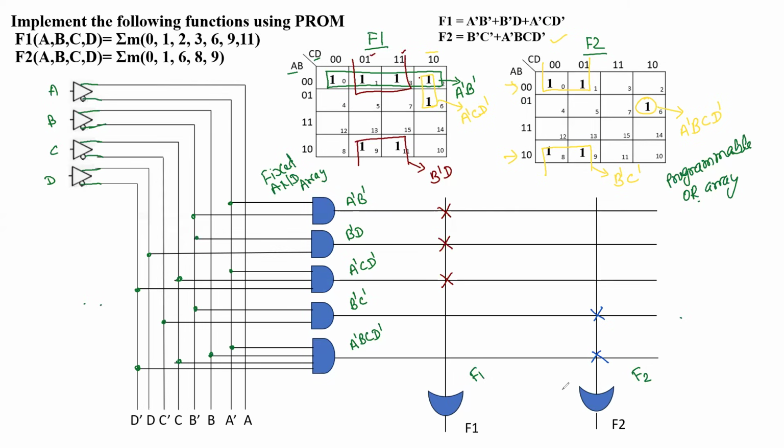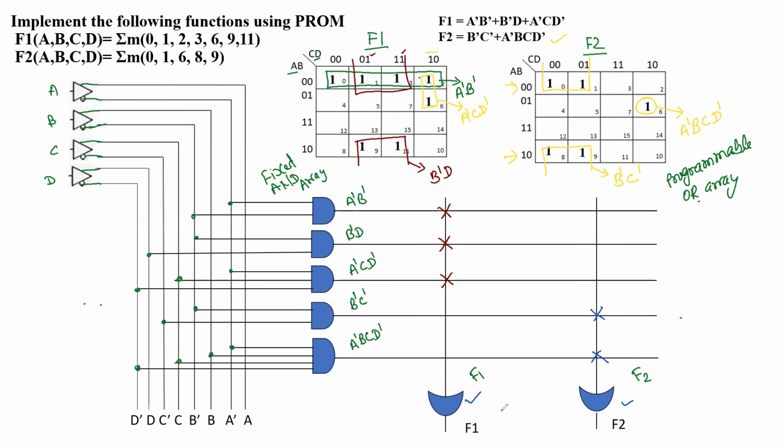Finally, this OR gate is going to give the function F1 and the second OR gate is going to give the function F2. So here you have to decide how many AND gates there are, which we get from the product terms, and how many OR gates there are, which is decided by how many functions there are.